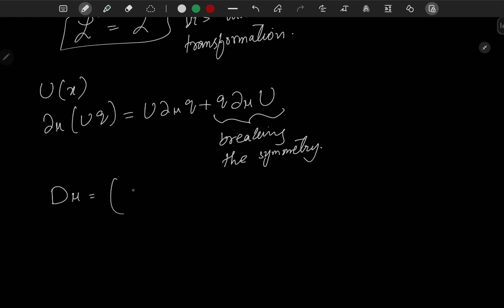So the covariant derivative is going to solve the problem, and in this case our covariant derivative will have this form: unity d mu plus iota g_s G mu.